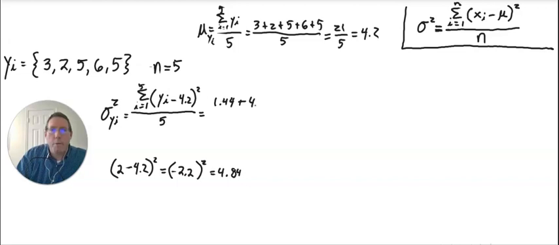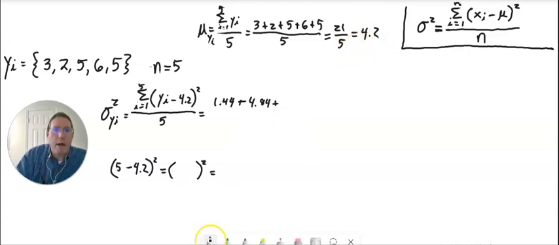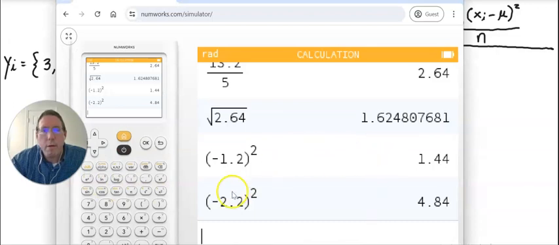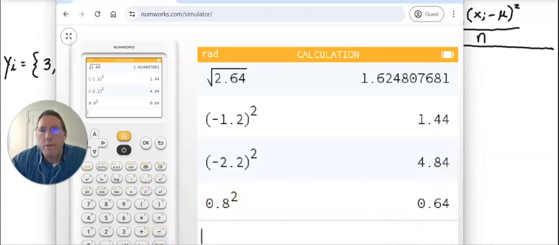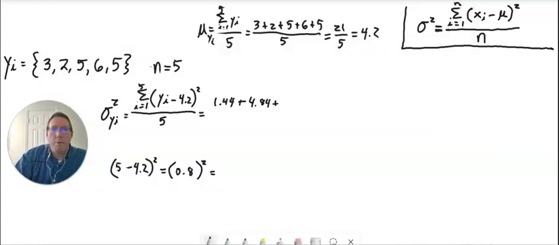So our next one is 4.84. Plus. All right, now let's do 5 minus 4.2, which is 0.8. Let's see what 0.8 squared is. That gives us 0.64. So our next one is 0.64.